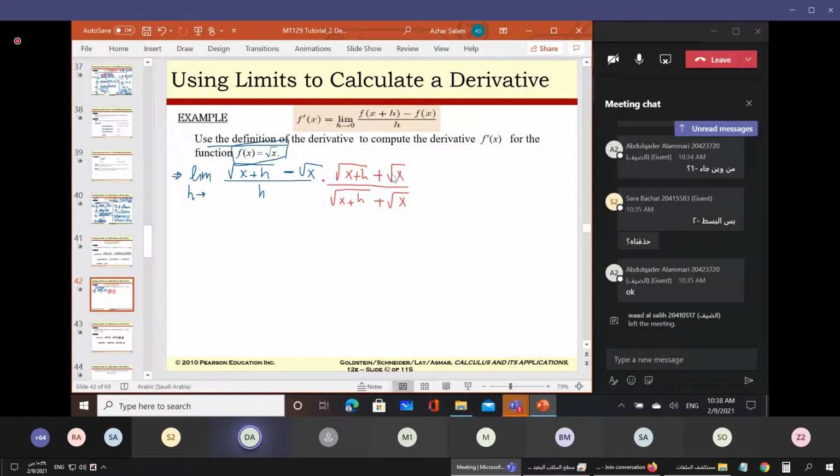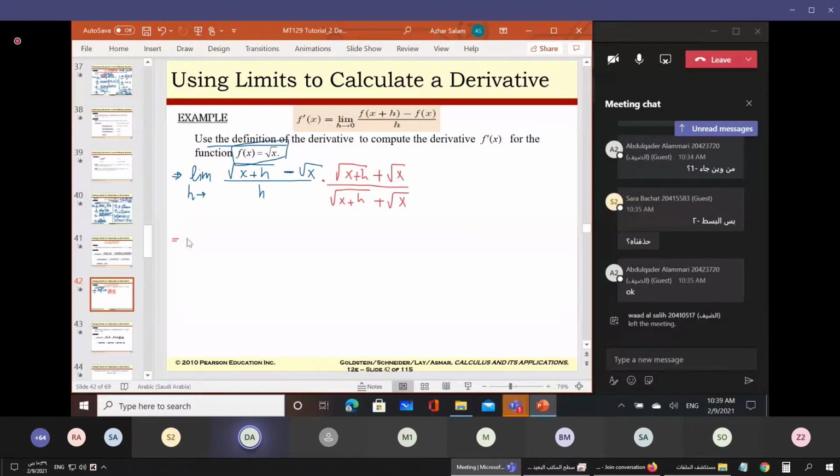Always when you have square roots, you use this conjugate method to simplify. When I multiply the top and the bottom with the same value, the value will not be changed.